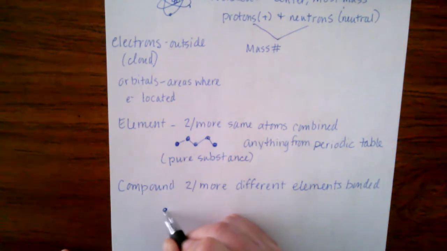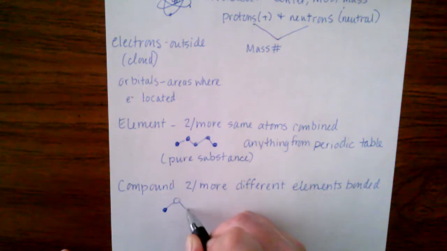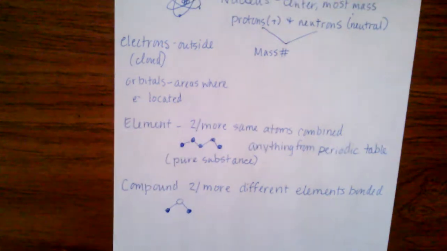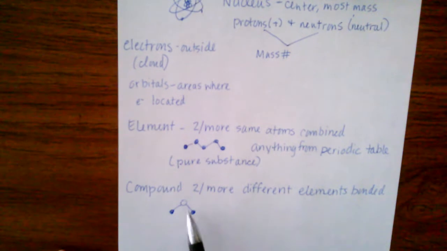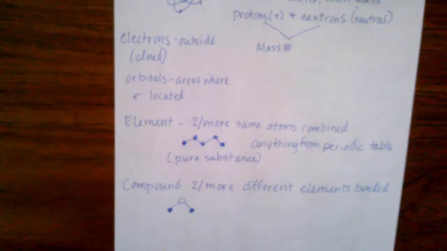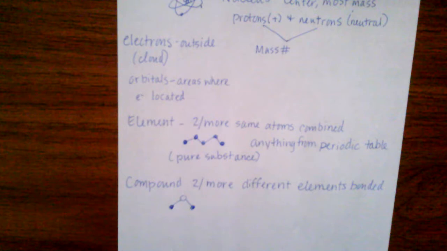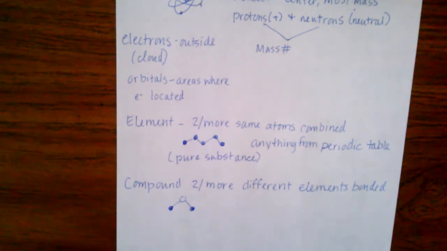So remember I showed you that the atom is like one little dot. If we are drawing a compound, an element was a bunch of the same atoms bonded together. Compound is going to be two or more different atoms, elements bonded together. So this would be like water. Water is a compound. So you've got two hydrogen and an oxygen bonded together.